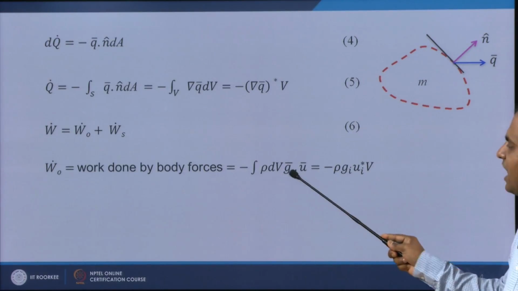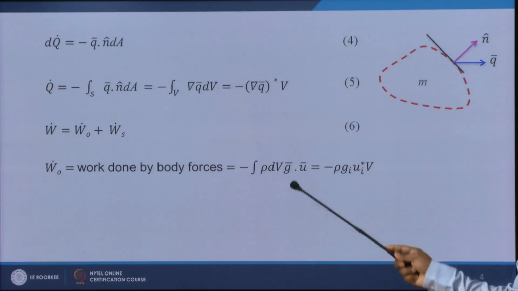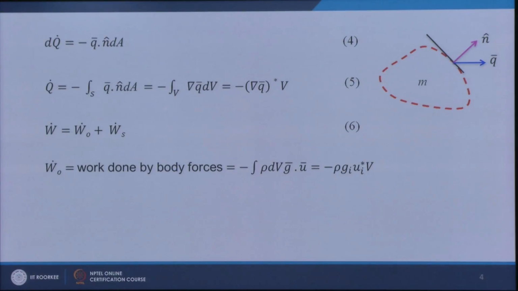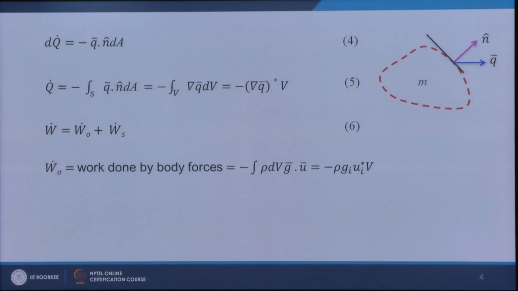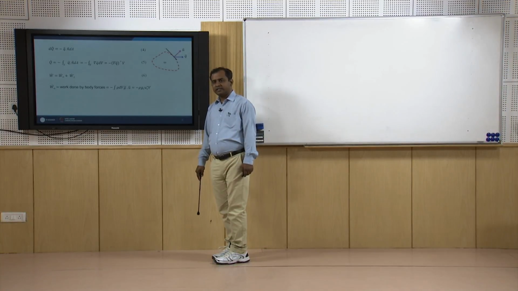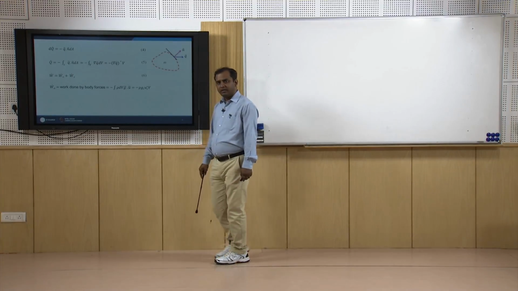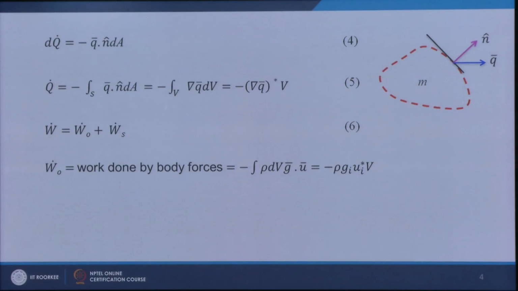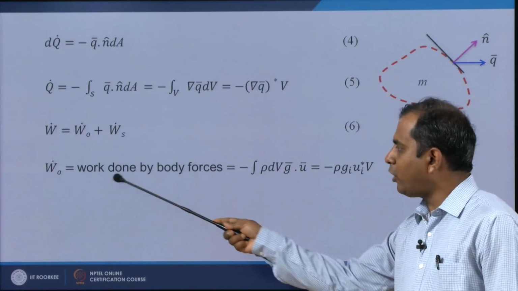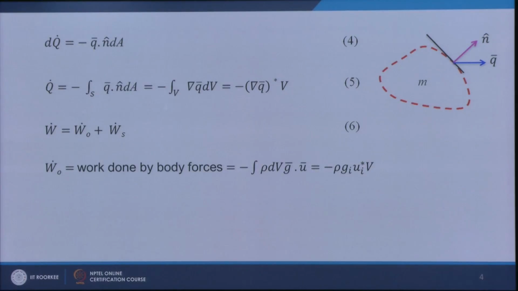Here g and u bar are vectors. g is the body force acceleration term. In a gravitational problem, g will be equivalent to 9.81. There can be other accelerations apart from gravitational acceleration, so we have kept this as a vector, which will get components depending on the magnitudes of the different directional accelerations.